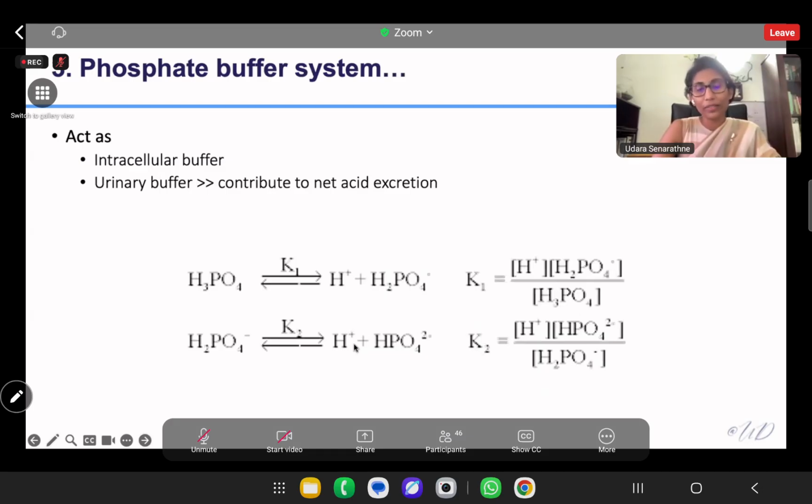Next, you have phosphate buffer. It's mainly an intracellular buffer, and it is also present in urine, which would increase the net acid excretion.